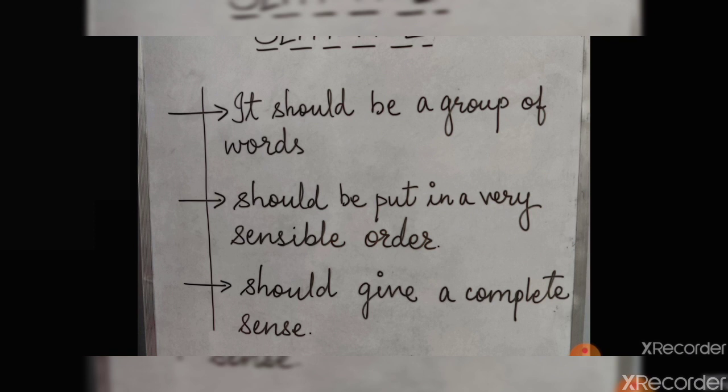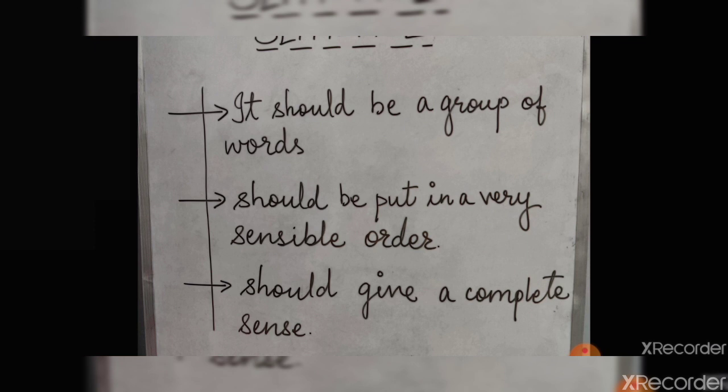You'll get it better when you understand it with the example that I have. And the last one is it should give a complete sense. No group of words will make sense if it is not put in a sensible manner, and if it is not put in a sensible order, you won't understand the meaning that the sentence has to convey to us.